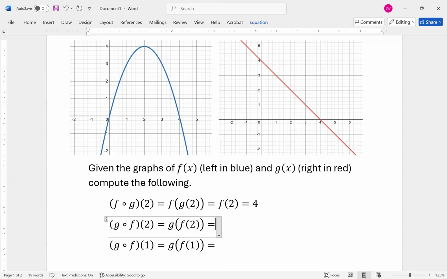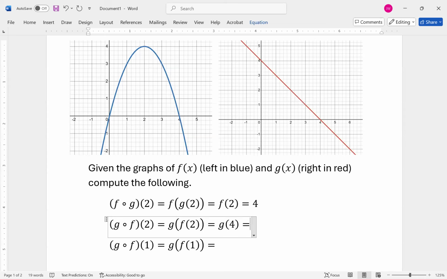Now let's go the reverse way. G of f of 2. Well, we just got done saying f of 2 is equal to 4, because our graph of f, the one on the left in blue, goes through the point 2, 4. Therefore, the input of 2 into f gives an output of 4.